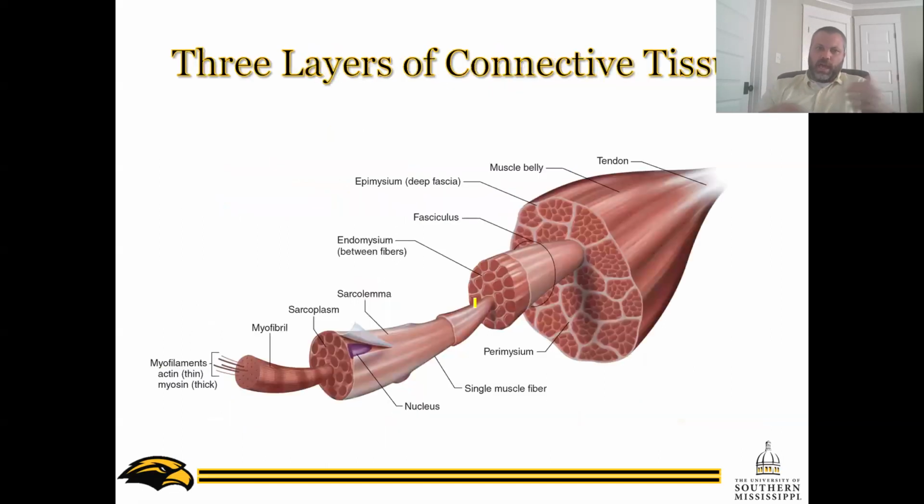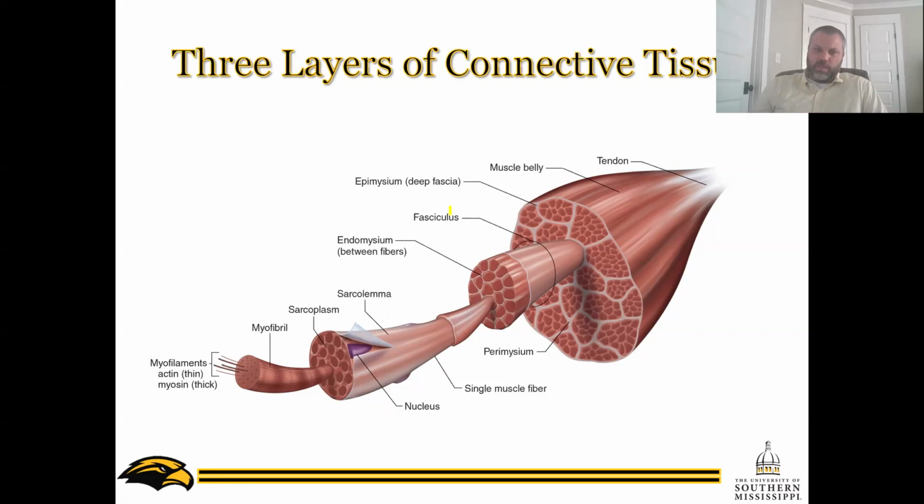So if we're looking at a figure like this, which is something you've probably seen 1,000 times in every textbook, in exercise science or athletic training or kinesiotherapy, right? Everyone has seen this picture at some point along the way. You can see that we have these layers.